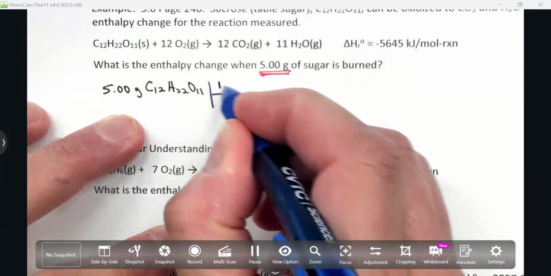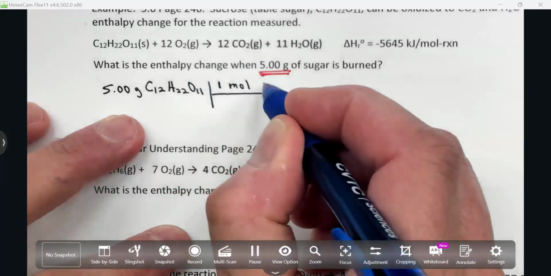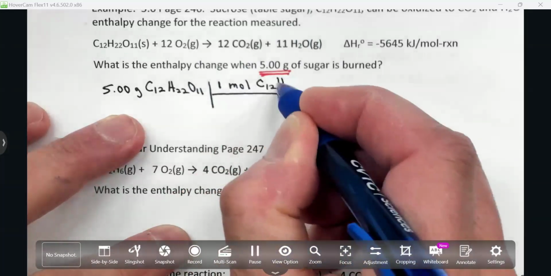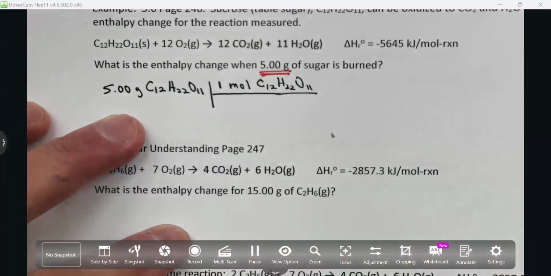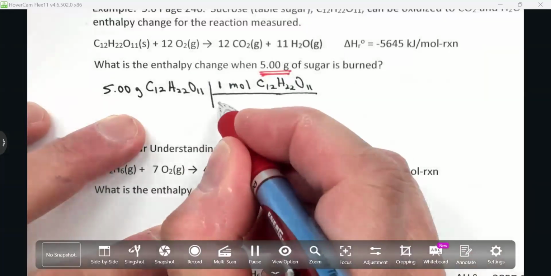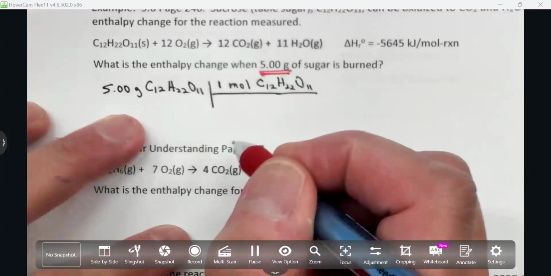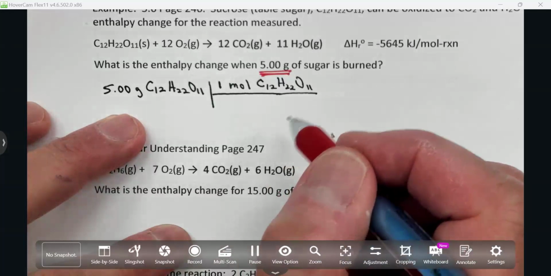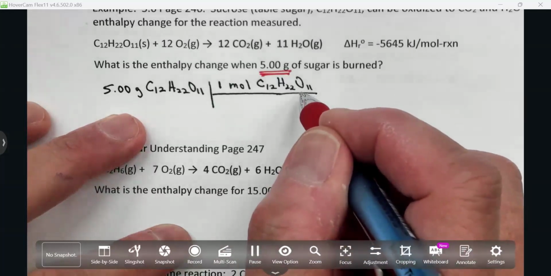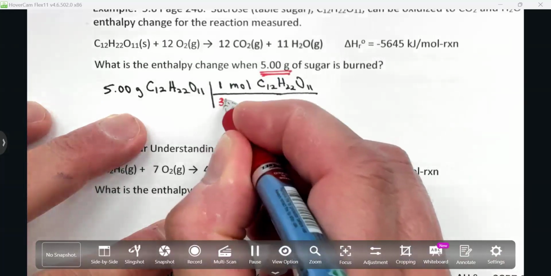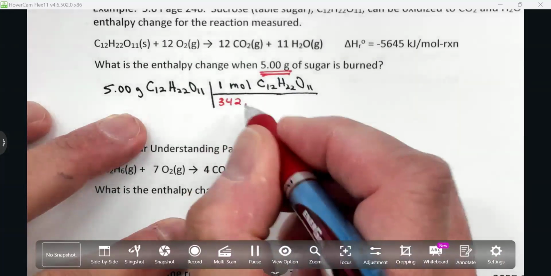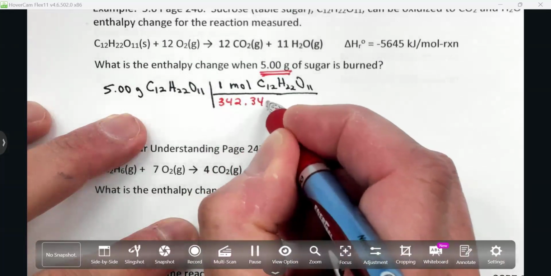So 1 mole, and if I add up 12 carbons, 22 hydrogens, 11 oxygens, right? 342.34 grams.